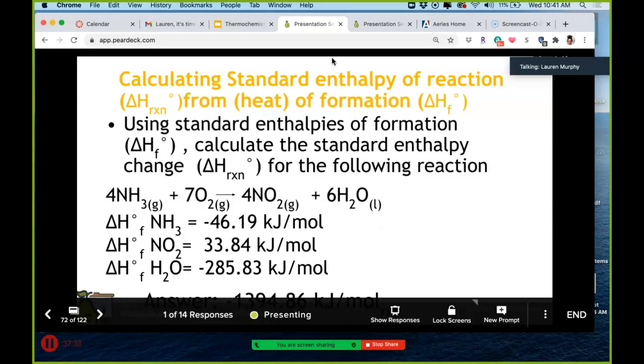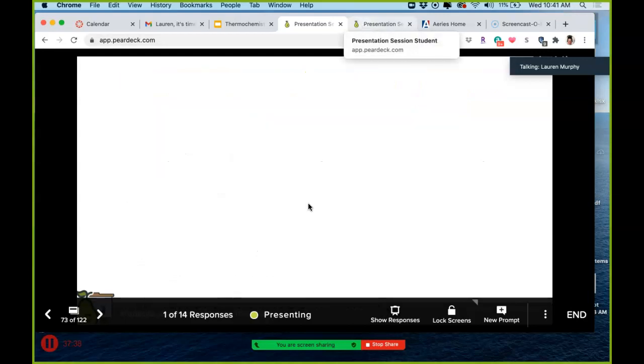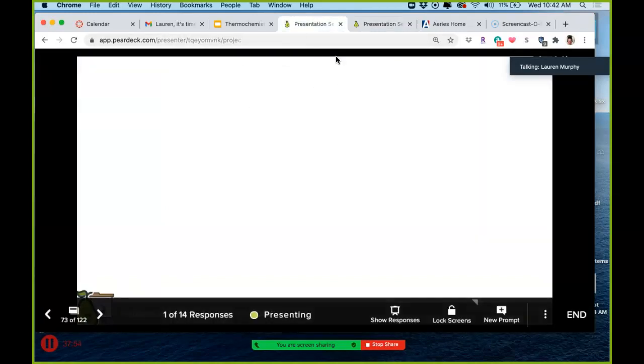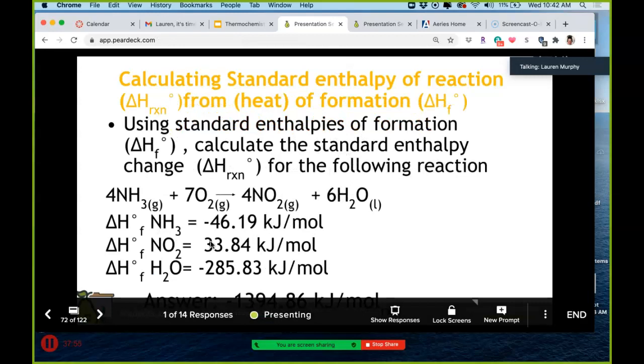So 4 times 33.84. So this equals 4 times 33.84 plus I have another product, waters, 6 of them, 6 waters right here, and it's -285.83. Oops.